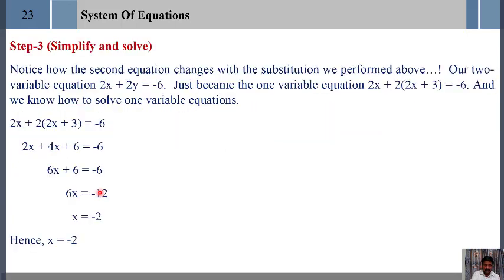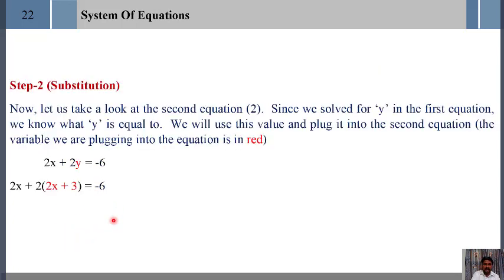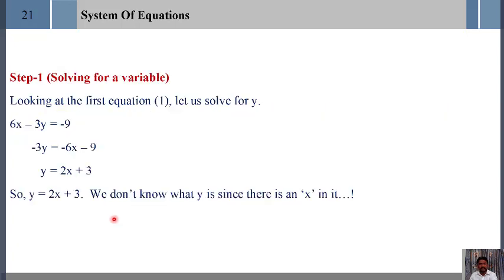Next step, finally we get an equation in terms of x alone, so it is easy to derive the value of x: 2x plus 4x plus 6 equal to minus 6. This implies x equal to minus 2. Simply substitute x equal to minus 2 in either of the two given equations.